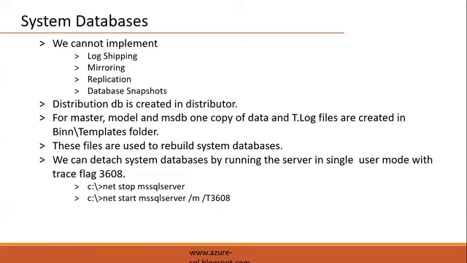What is the reason? The reason is simple: system databases maintain metadata, and metadata cannot be duplicated. We have to understand what that means. In server 1, the master database is there.